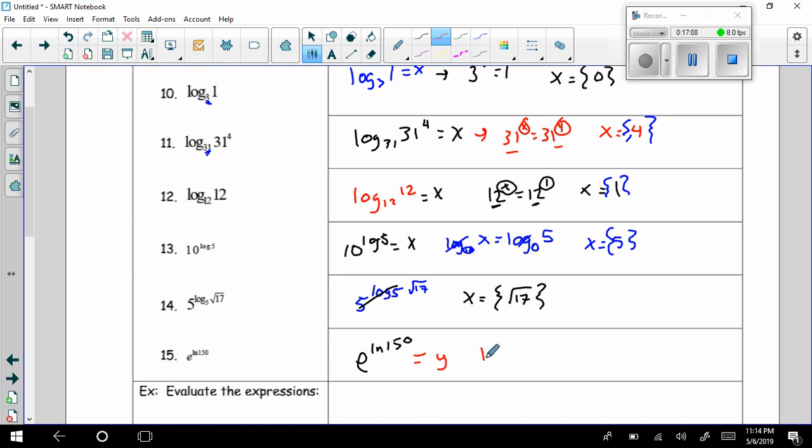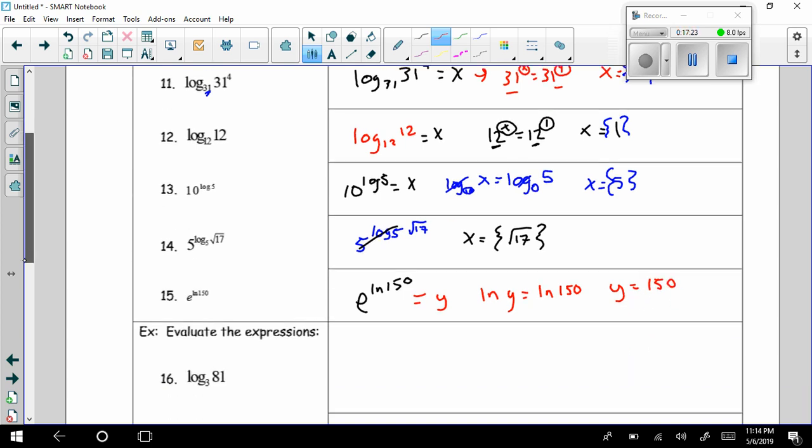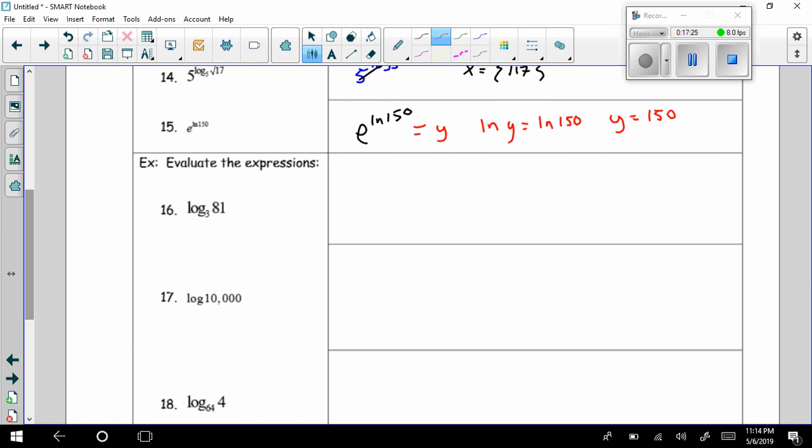So the natural log of y is equal to the natural log of 150. I don't know why I used y instead of x, but it doesn't matter. Y would be 150. Okay, so solving those expressions. So go ahead, I'm going to pause the video again, go ahead and see if you can do these.